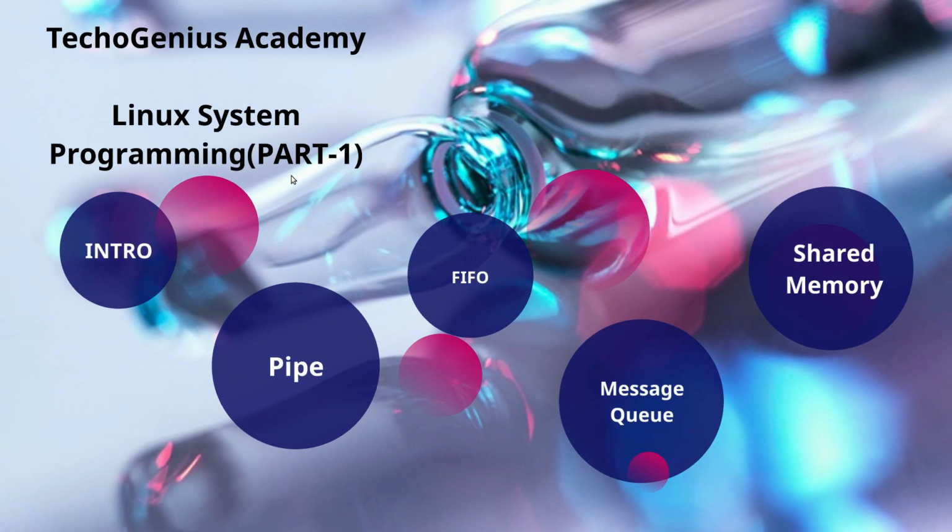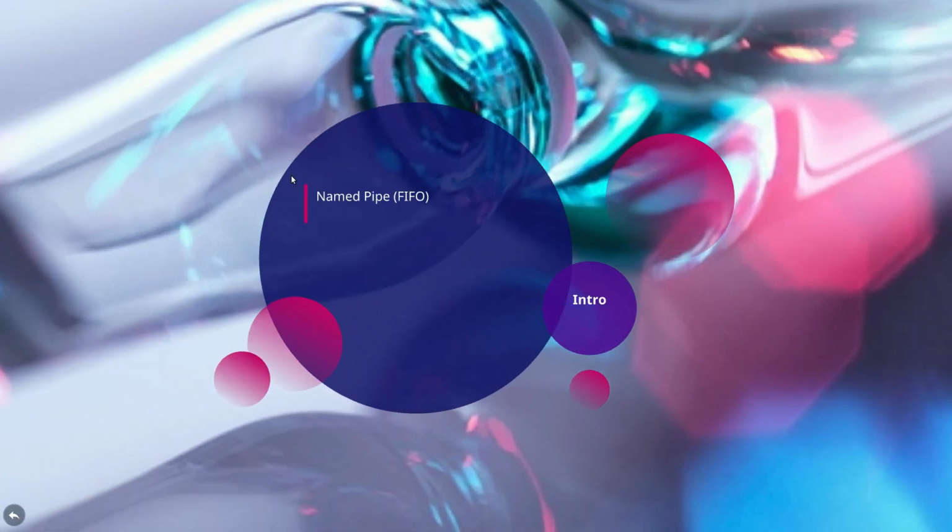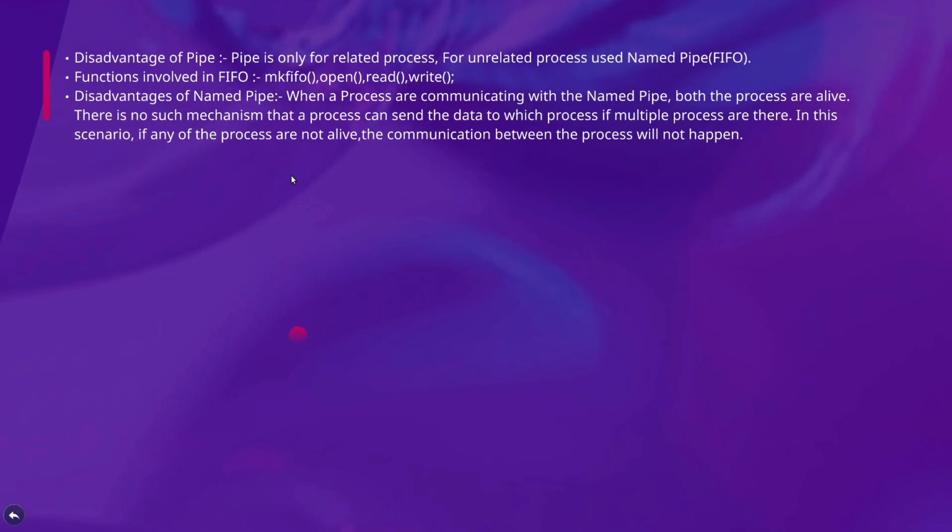Next we will go to the FIFO, which is nothing but a named pipe. Why are we going to it? There is some disadvantage in pipe. A pipe is only for related processes, like a unidirectional byte stream. What happens if there are unrelated processes?